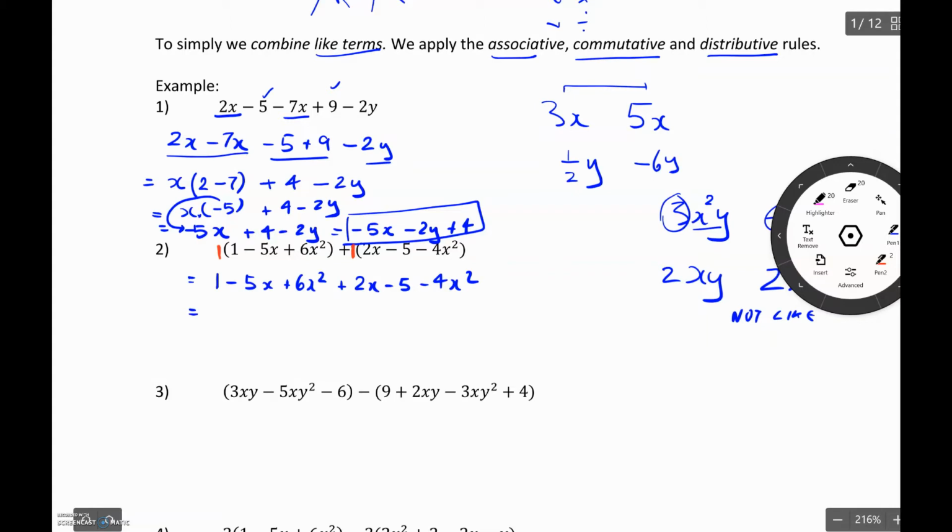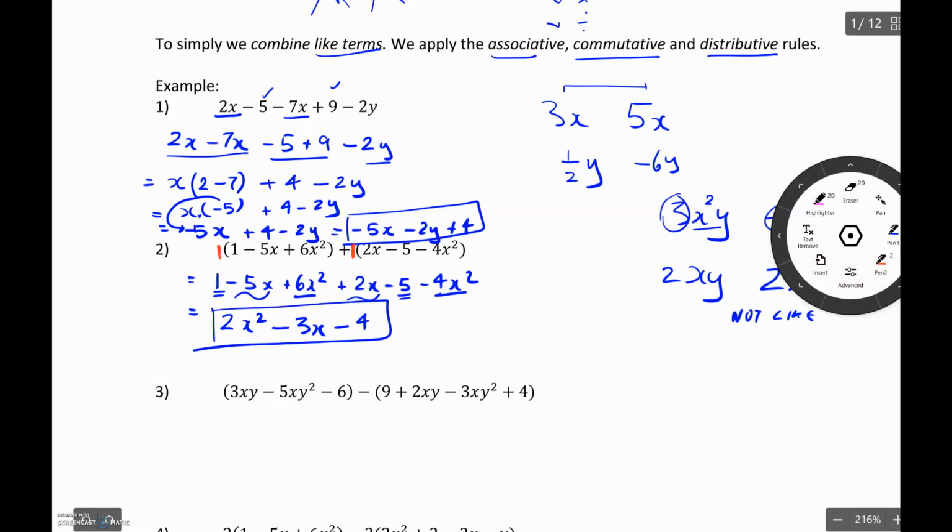Again, I could combine the like terms. 6x squared minus 4x squared is going to give us a 2x squared. We could combine the negative 5x with the plus 2x, which is going to give us a negative 3x. Then you could combine the plus 1 with the negative 5, which is going to give us a negative 4.